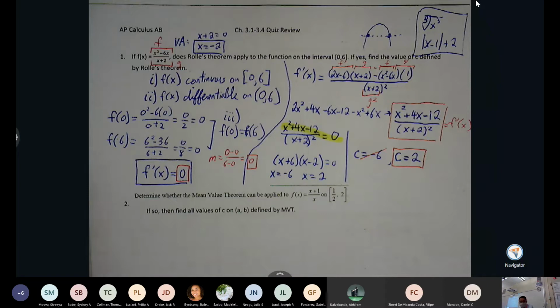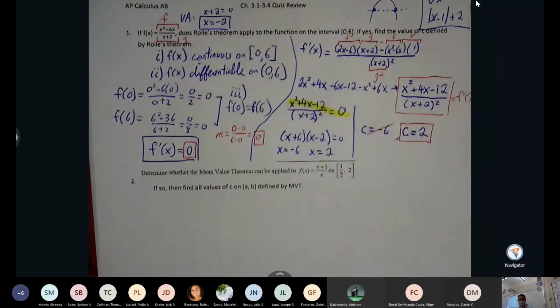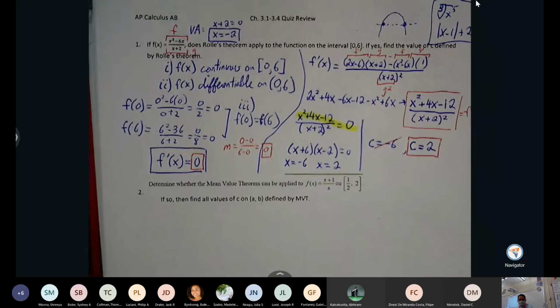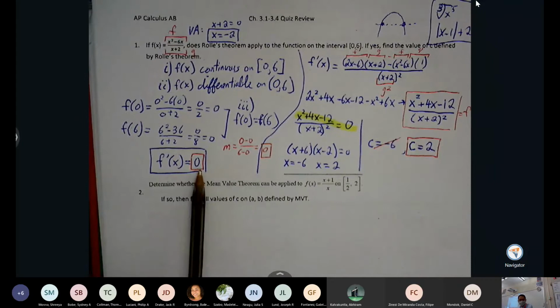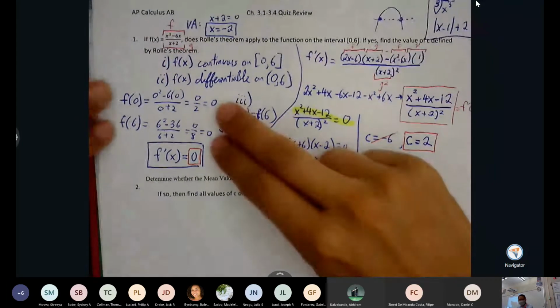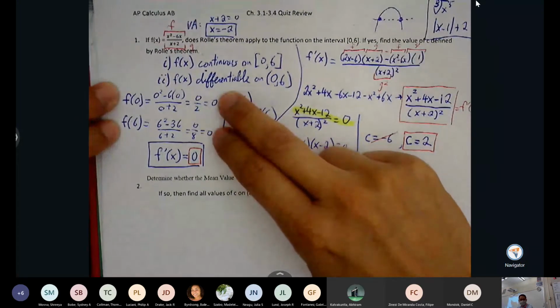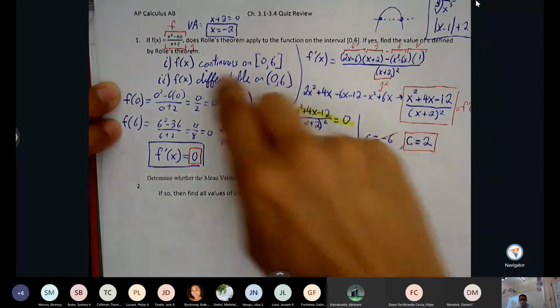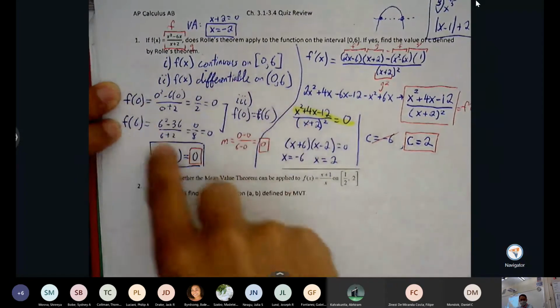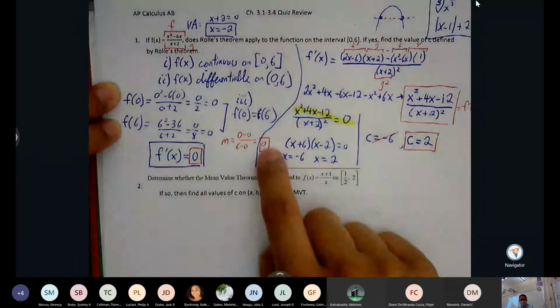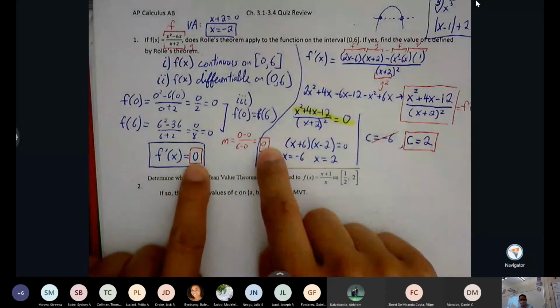Okay, number 2, mean value theorem. Not as restrictive as Rolle's theorem because we don't have to have a slope 0. But we're still going to find the endpoints. It's just that the chances are that our y values will not be the same, which is fine because we can find the slope, and whatever slope that we get is the slope that we want to guarantee, that we want to set equal to f prime.